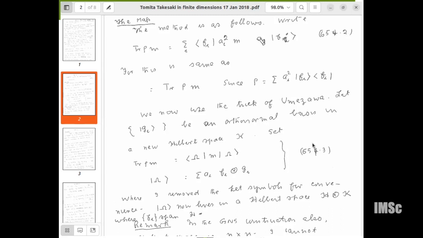So you have the basis here, and I'm going to write this vector, denoted by omega, as the sum over i of a_i, where the a_i are the positive roots of the eigenvalues, times f_i tensor g_i, where the f_i are the basis we already had and the g_i are all unit vectors in an auxiliary Hilbert space. So I've enlarged the Hilbert space. I'm working with H tensor K. Let me take this vector.